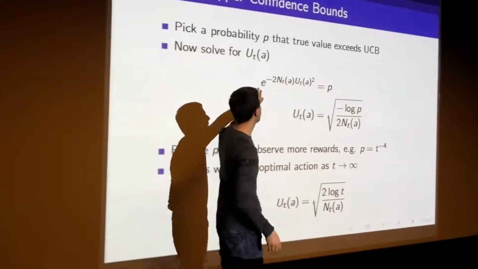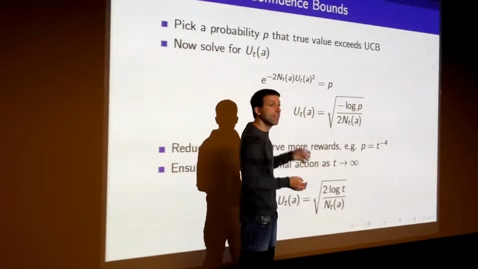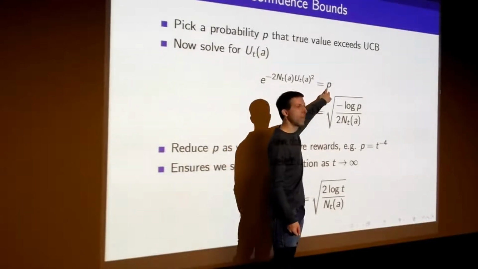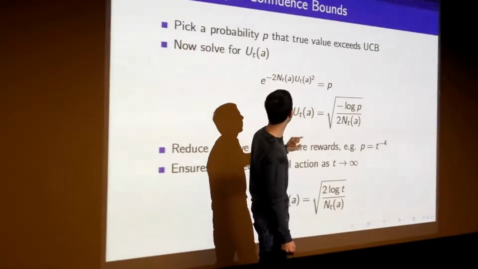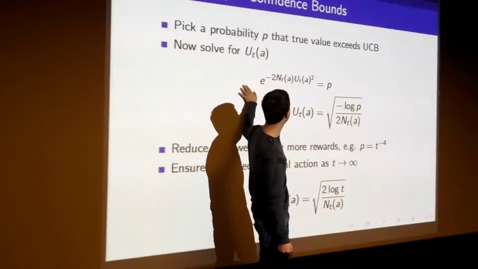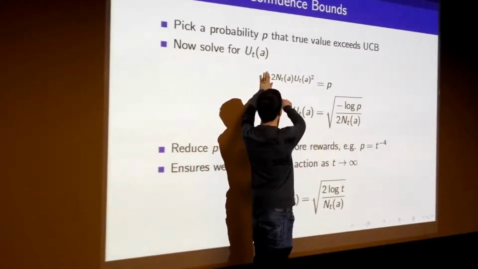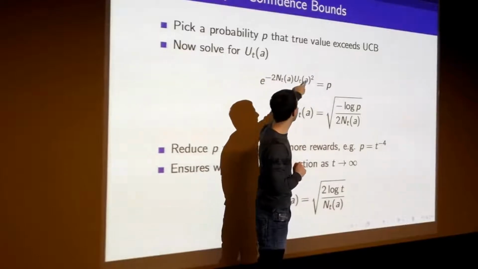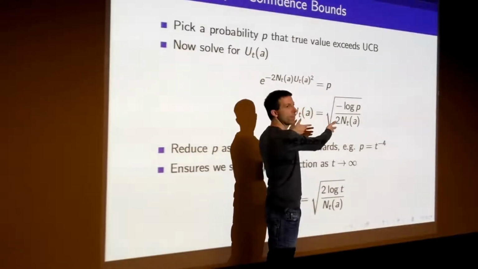All we do is set the right-hand side of our Hoeffding inequality, which is the probability that we make that mistake, to some value, like our 5%, and solve for u. To solve for this, we just take logs, which gives us this. We divide through by minus 2n, and we take a square root. That gives us this upper confidence value.